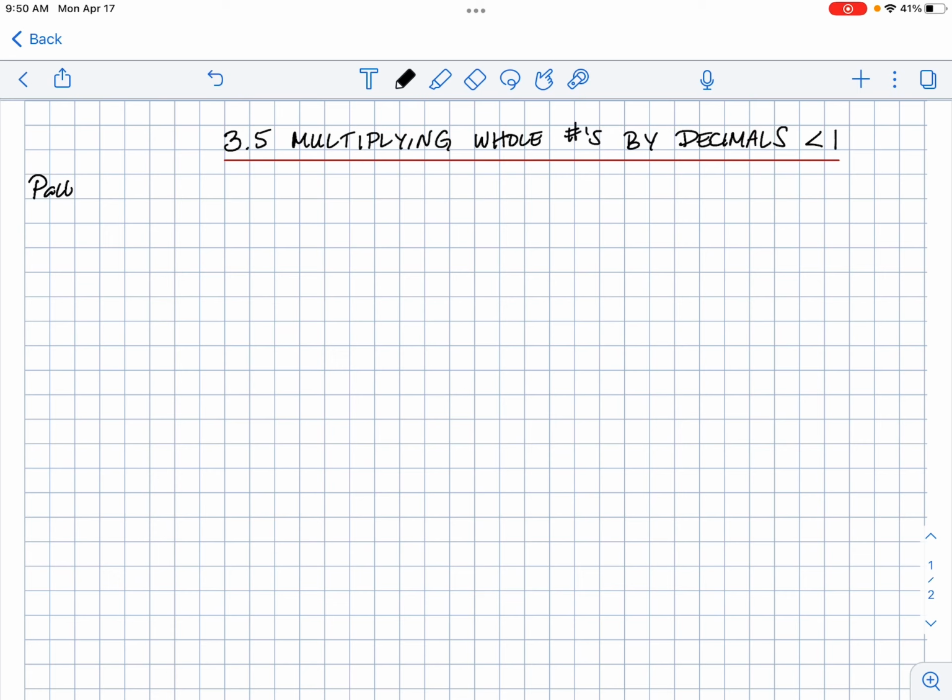As we write the next series of equations, I want you to think about the patterns that you see with the numbers and decimals being multiplied and the resulting product. Just remember, and jot this down, a product is the answer to a multiplication question.